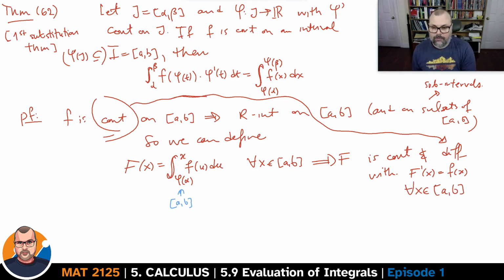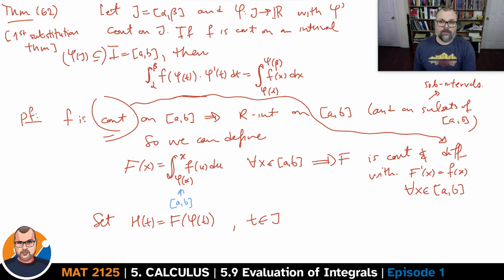What follows is set h(t) to be F(phi(t)). T is some point in the interval J on which phi is defined. H is the composition of two continuous functions, right? F is continuous by the fundamental theorem of calculus second version.